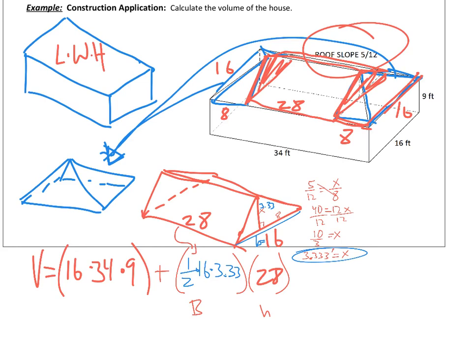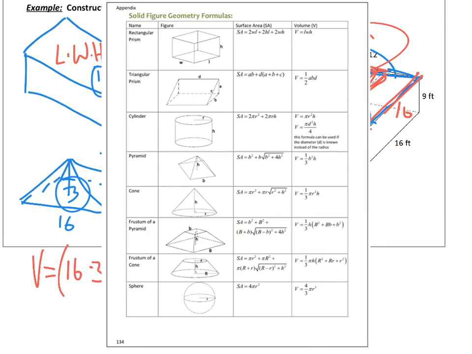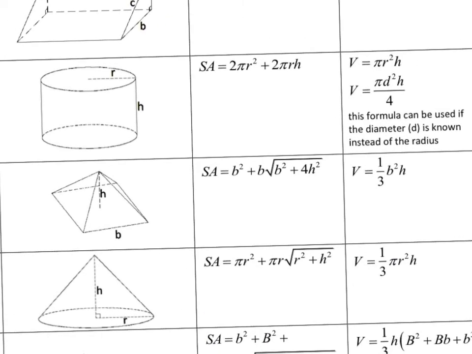So we've got 1, 2, and now let's find 3. This guy right here is a square pyramid. 16, 16, and we know the height is in the middle, 3.33. Looking at the back of our book, here's our volume formula: 1/3 times the base squared times the height.